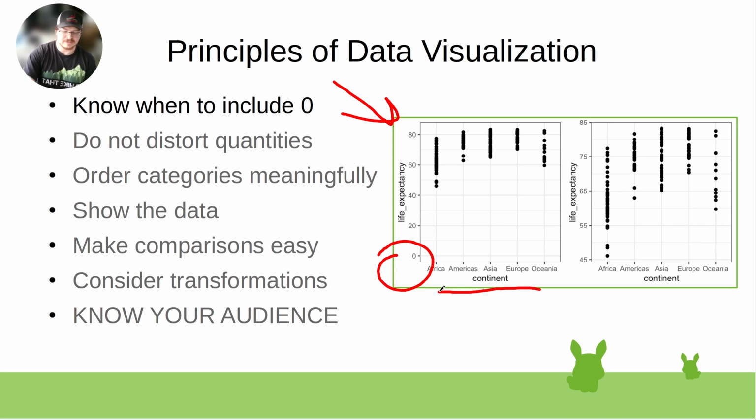On the x-axis, we are looking at the continent, so the continent is basically the way that we're grouping things, and we're measuring the life expectancy on the y-axis here to tell us which continents have people that live the longest.